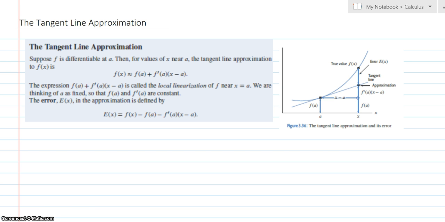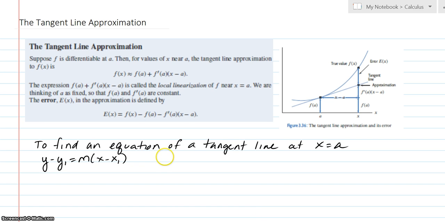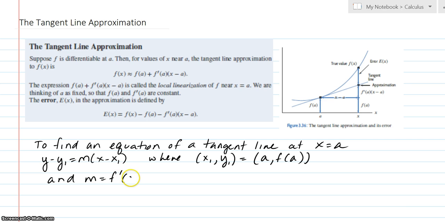So let's first see how the formula comes about. To find an equation of a tangent line at x equals a, we're going to use our tangent line formula, where x1, y1 is the point a, f of a. And the slope is going to be the derivative at a.